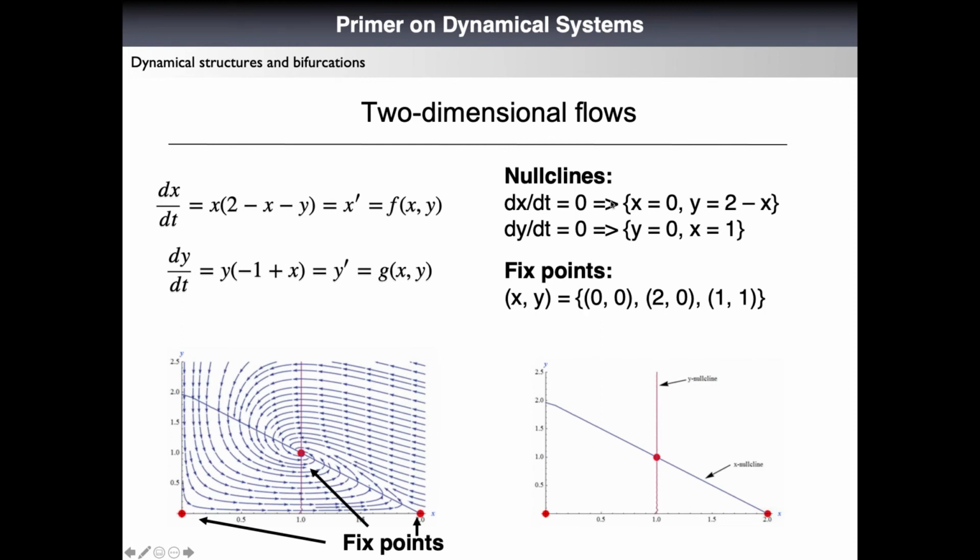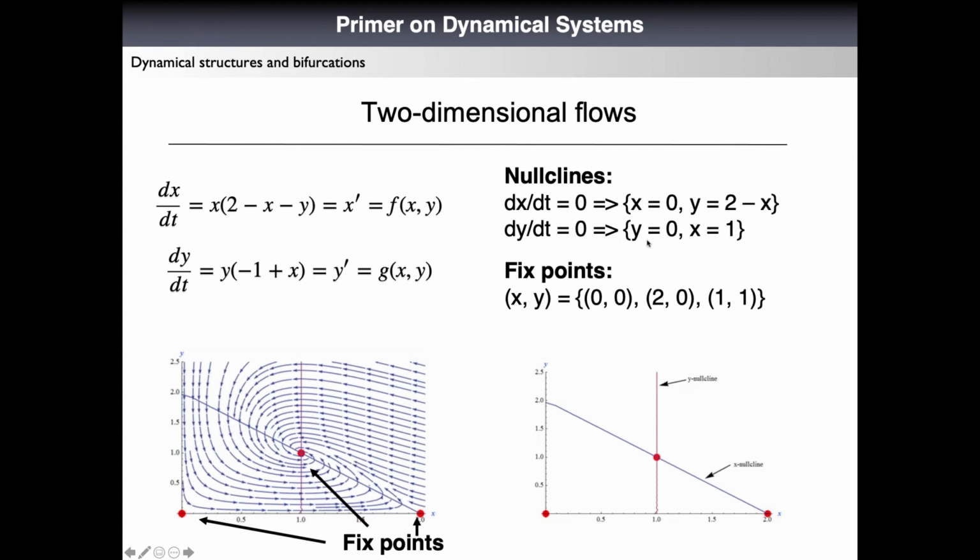Additionally, though, we can define the following objects. We can define the lines where the x derivative is 0 and the y derivative is 0, separately one from the other. These are the so-called null lines, and they're represented here. For instance, the line x is 0 is this line, the y-axis.